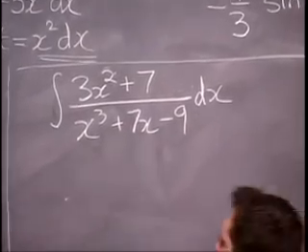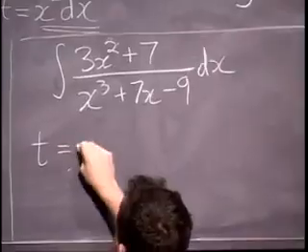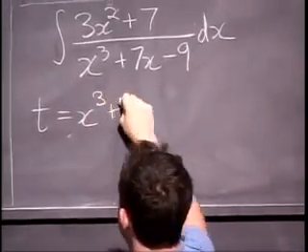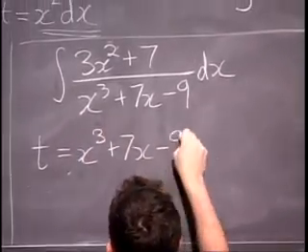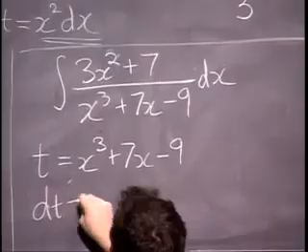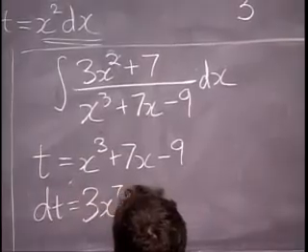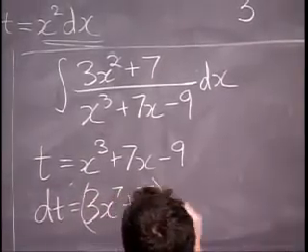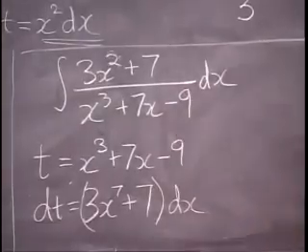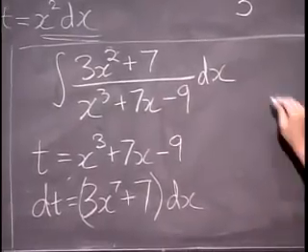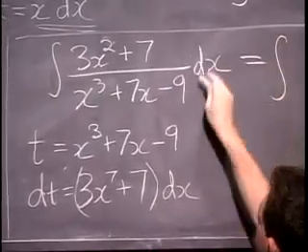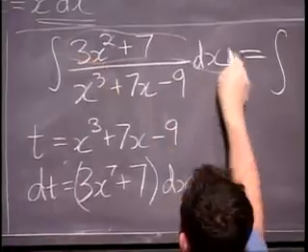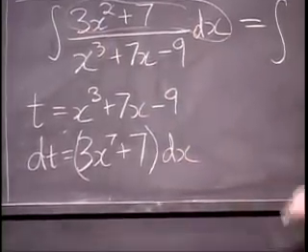So that suggests that if we set t is the denominator, x cubed plus 7x minus 9, that dt is 3x squared plus 7 dx, and that's exactly what's on the top. So this simply becomes, the whole top here becomes dt.